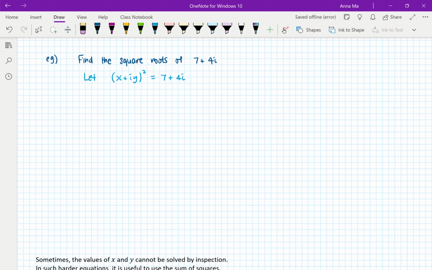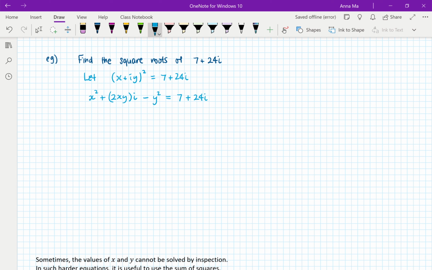But if we expand the left-hand side, we get x squared plus 2xyi minus y squared is equal to, oops, whoa, I miswrote the question. My bad. This is meant to be 24i. Well, no wonder why the numbers didn't work out.